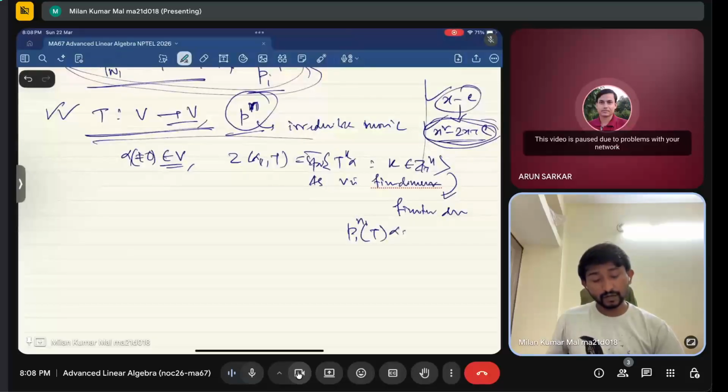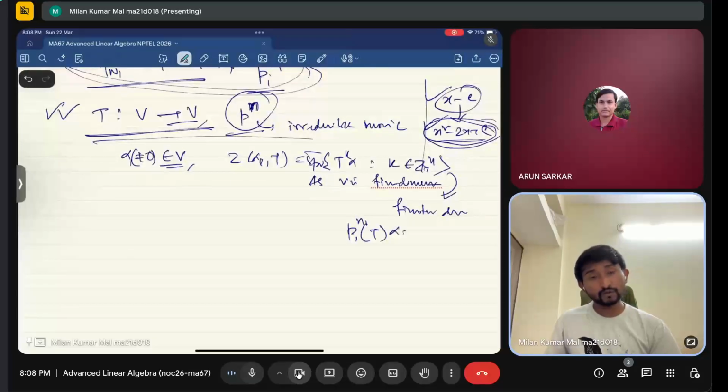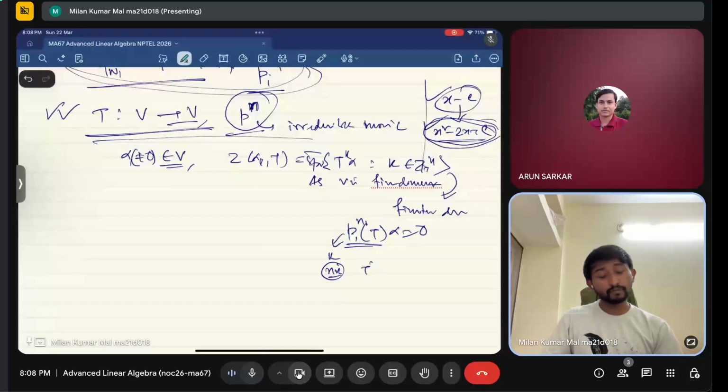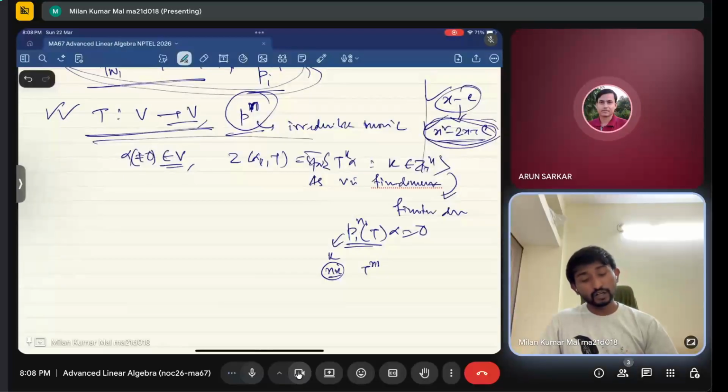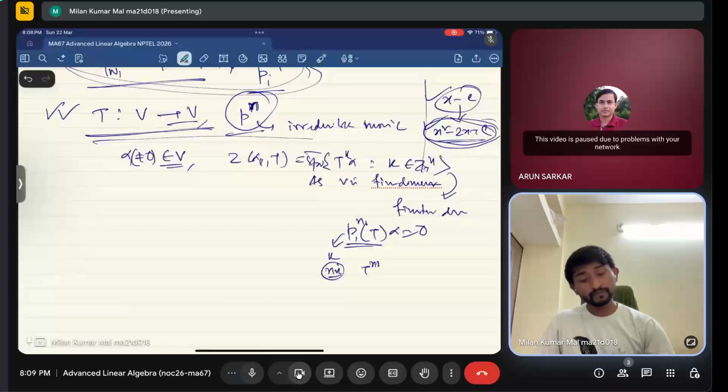That means T to the power nk alpha can be written in terms of lower powers, right? And any power greater than that can also be written in terms of lower powers. So that's why it will be finite dimensional. So you get a finite dimensional subspace.